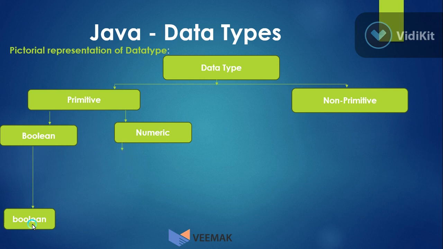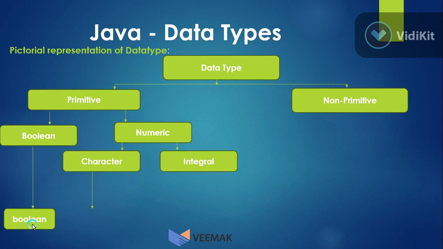The numeric is classified into character and integral. The character has only one data type, that is char, which holds only a single letter, surrounded by single quotes.